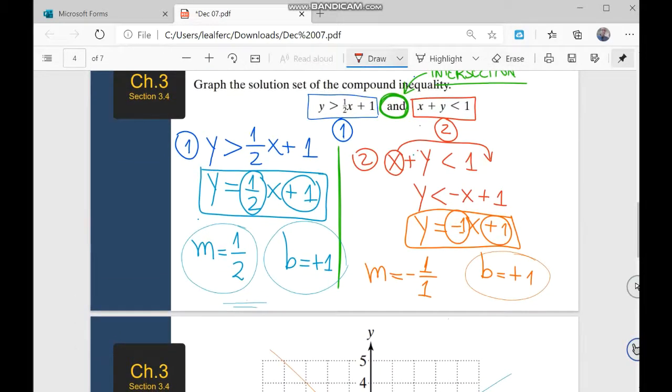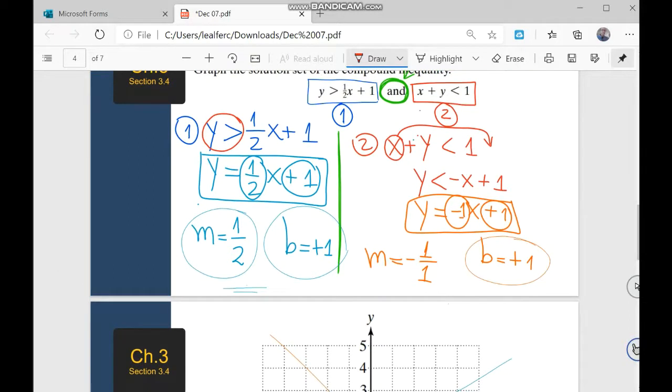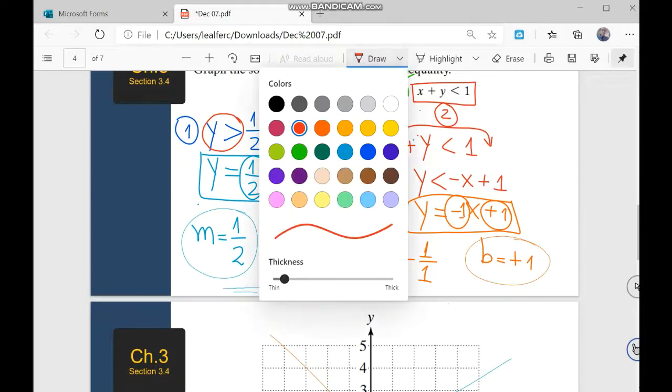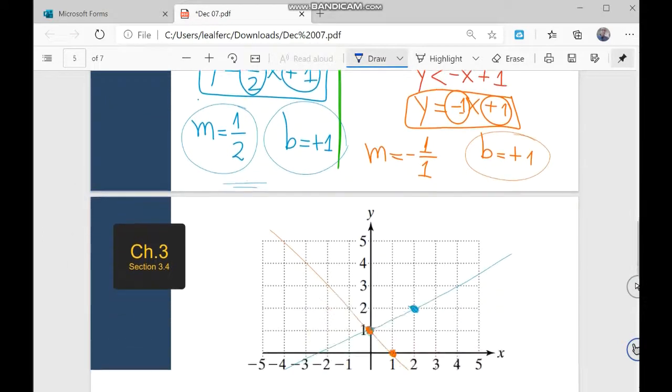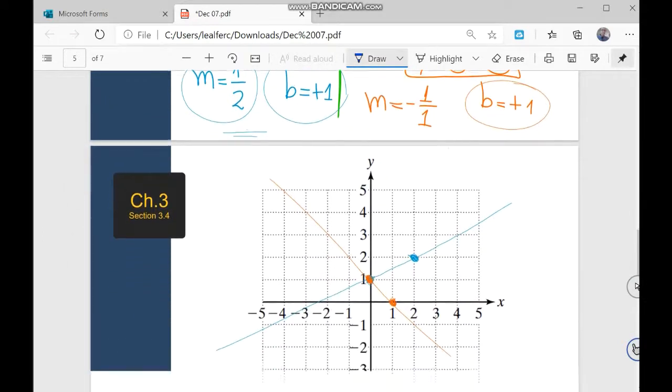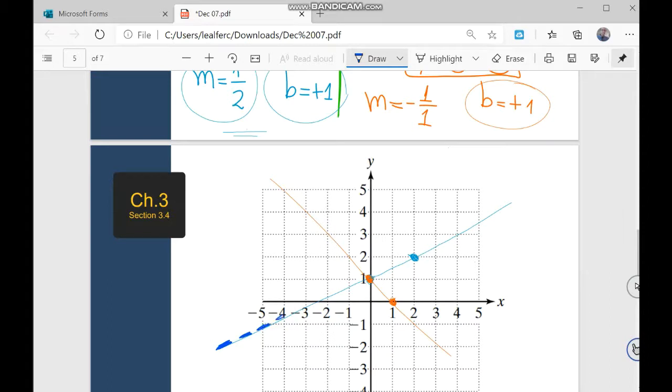It is y is greater than, right? It doesn't have an equal sign. If it doesn't have an equal sign, you're going to draw the line as a dashed line, like this. Because it doesn't have the equal sign, it's going to be a dashed line.